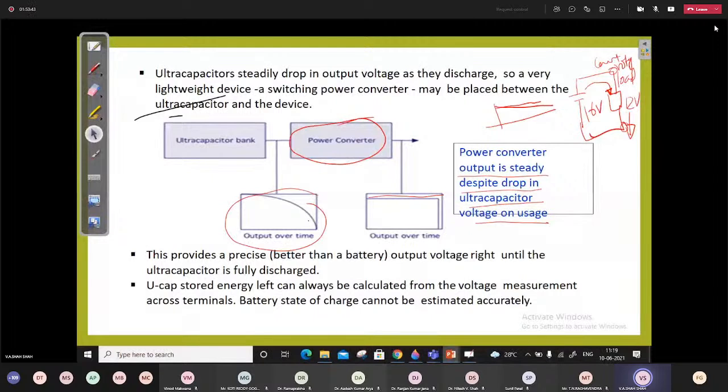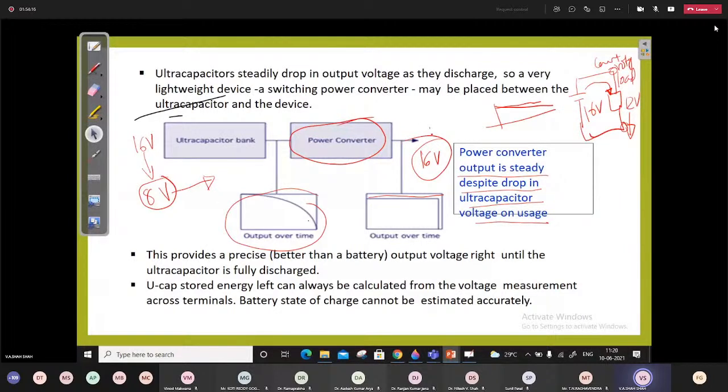This provides a precise output voltage, better than the battery, right until the supercapacitor is fully discharged. Of course, you have to design your converter in such a way that if my supercapacitor is of 16 volt, it can work down to 8 volt. Let's say the load is demanding 16 volt. Then this power converter should operate in such a way that when the supercapacitor voltage reaches 8 volt, it will still maintain the output voltage at 16 volt.